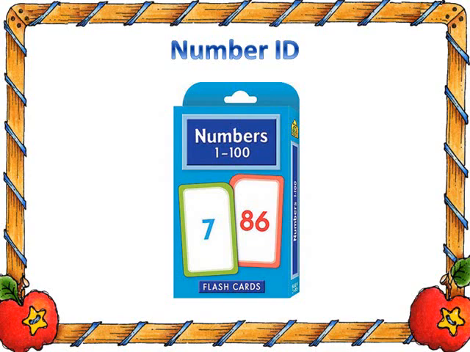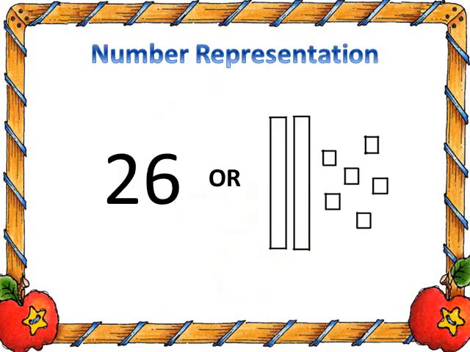And finally, for number representation, I used manipulatives and had her practice telling me how many different ways she could make, for example, the number 8 using manipulatives, and then after that, I had her draw different ways that she could represent different numbers.